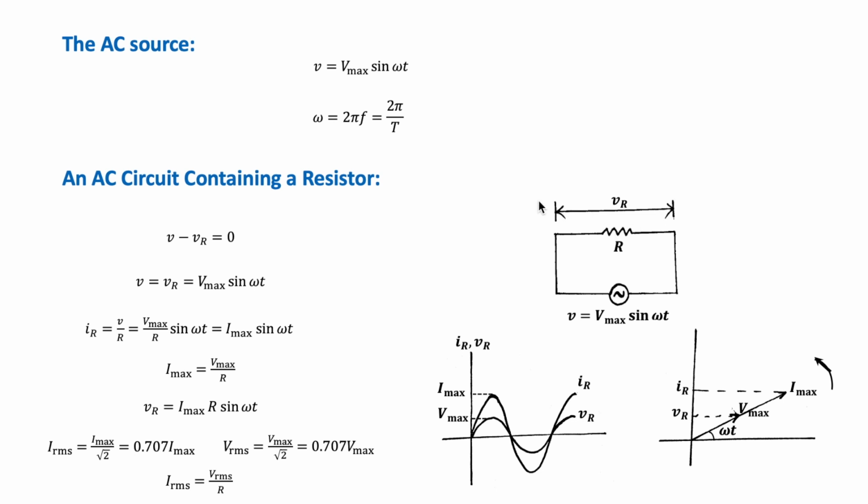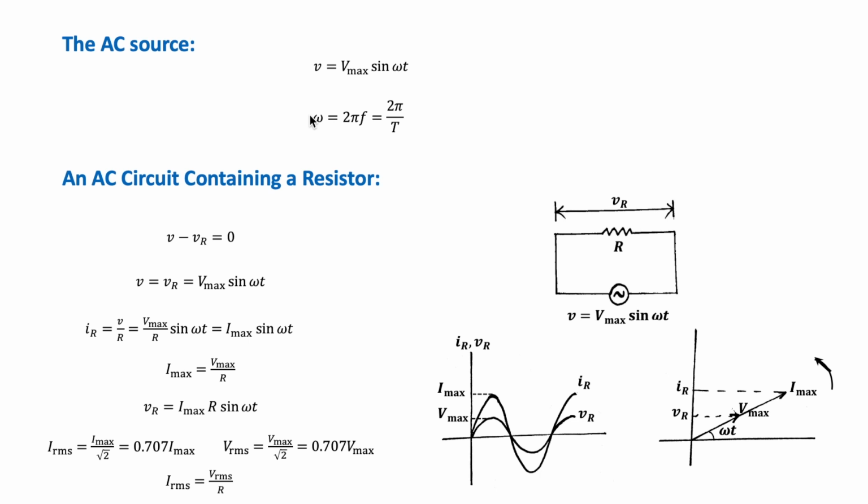So the angular frequency of the generator is given by this equation. F is the frequency of the source and T is its period. For commercial power plants, they have a frequency of about 60 Hertz, which corresponds to an angular frequency of about 377 radian per second.